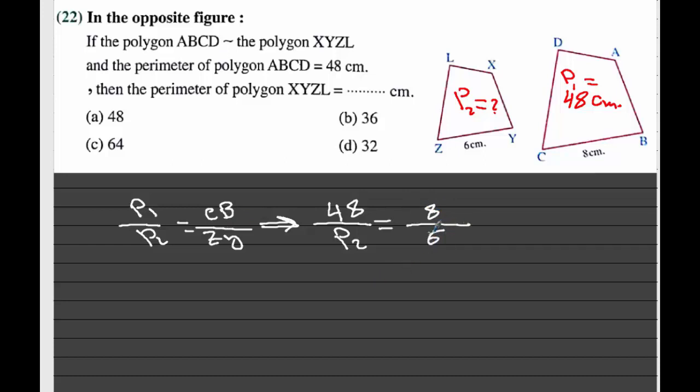Of course you can simplify, dividing up and down by 2 we have 4 and here we have 3, and dividing both terms here by 4 we get 1, and here 48 divided by 4 equals 12. So P2 equals 12 multiply 3, which equals 36. Okay, 36 centimeters, and we choose letter B.